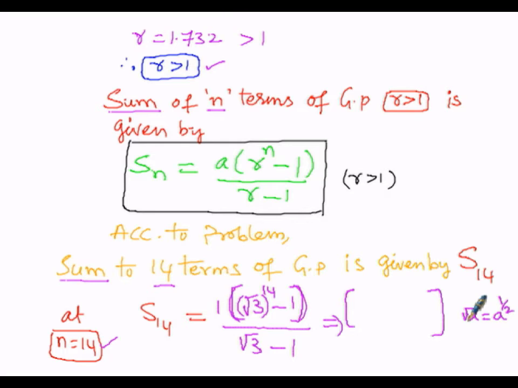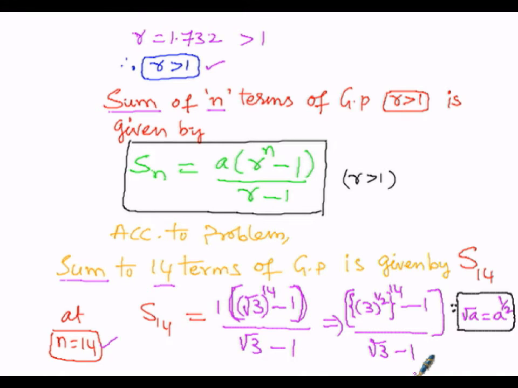So root 3 can be written as 3 raised to the power of 1 by 2, but whole to the power of 14, minus 1, overall divided by root 3 minus 1.